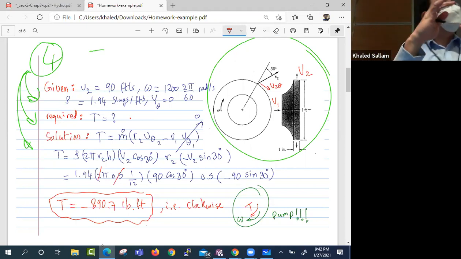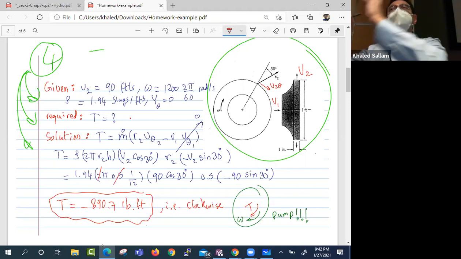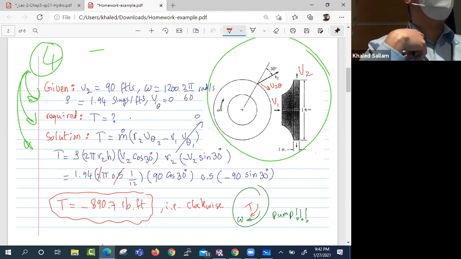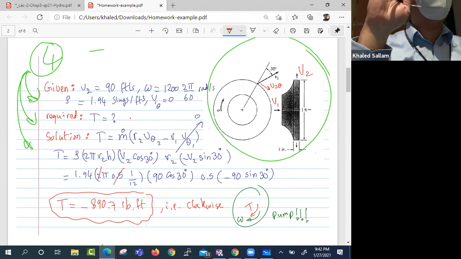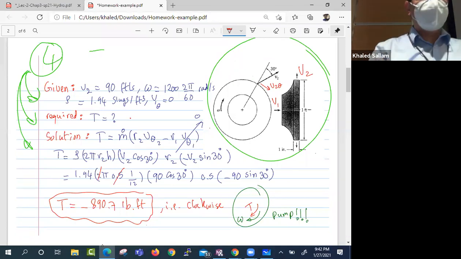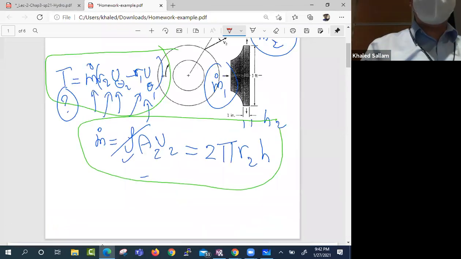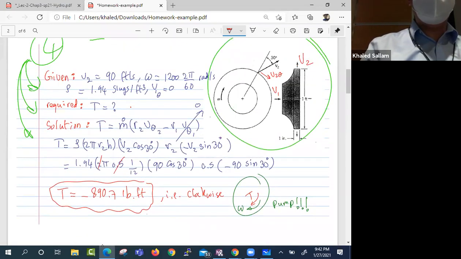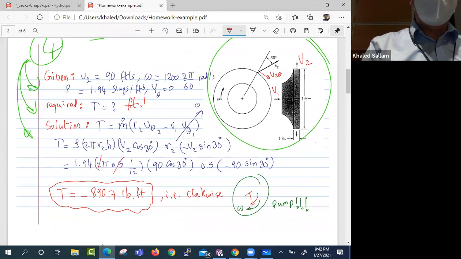So you may want to tell yourself they want the power in horsepower between brackets, so that you remind yourself that yes, you want to calculate it in SI, we're going to calculate it in watt, but then in the last line in the problem, we're going to switch to whatever they want. So here, I guess it's going to be feet pound because it's English unit. So you can remind yourself: feet pound, and you just put it between brackets like this.